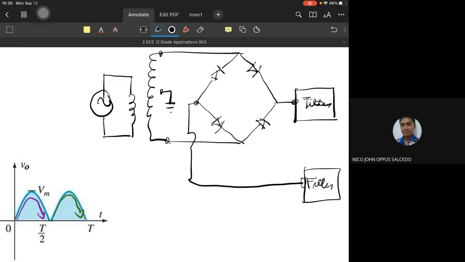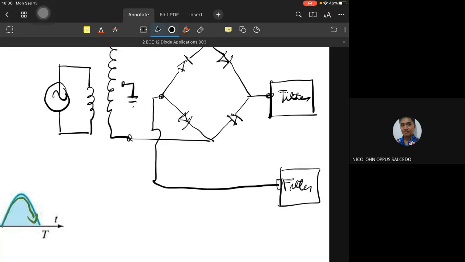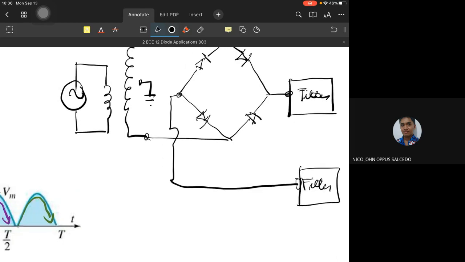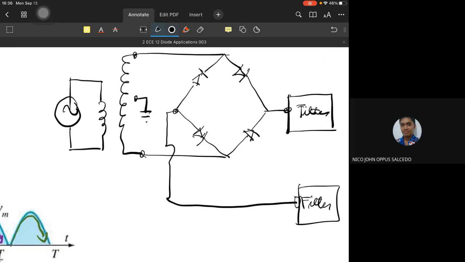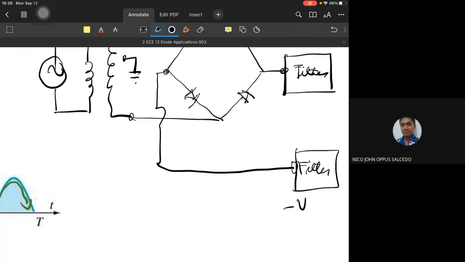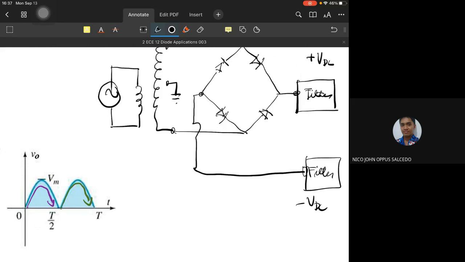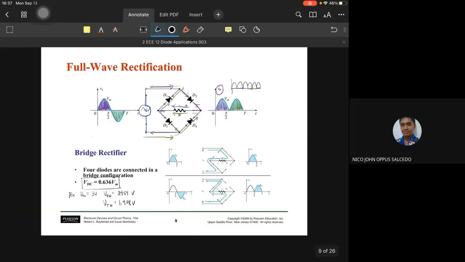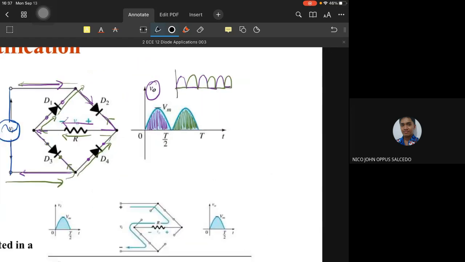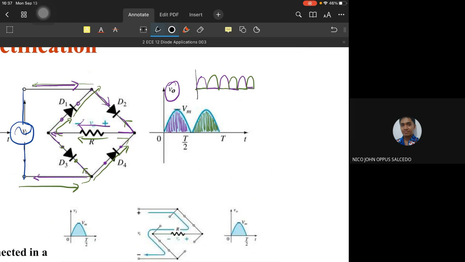Towards the end of this circuit, we can create a positive DC voltage and a negative DC voltage. Okay? Because with a pure full wave bridge rectifier, the output we can make a power supply with is only a positive DC voltage.